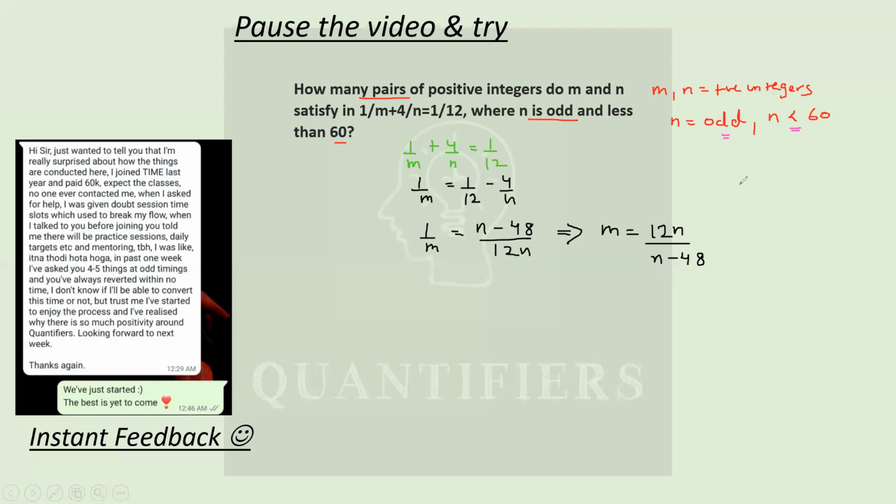If you put n is equal to, let's say, 47, you'll get 12 into 47, and in the denominator you'll have negative 1. So ultimately this value will become negative. तो फिर हमारा m क्या हो जाएगा? m हमारा नेगेटिव हो जाएगा, जबकि क्वेश्चन में ऑलरेडी गिवन है that m and n are positive integers.